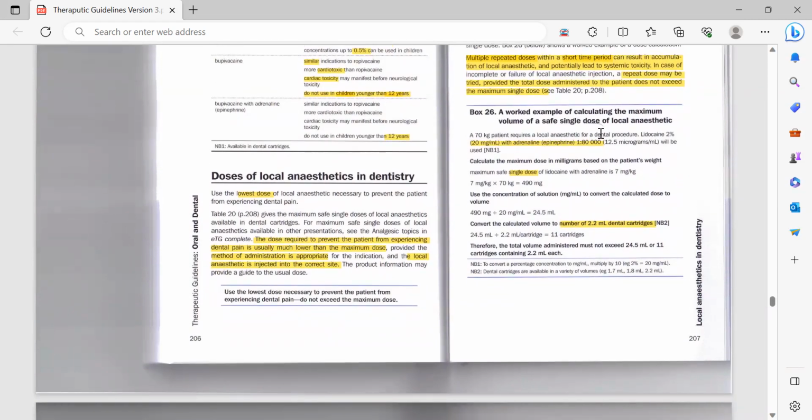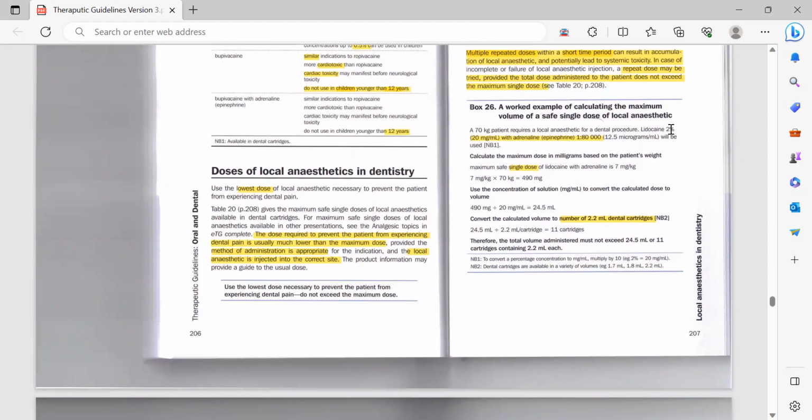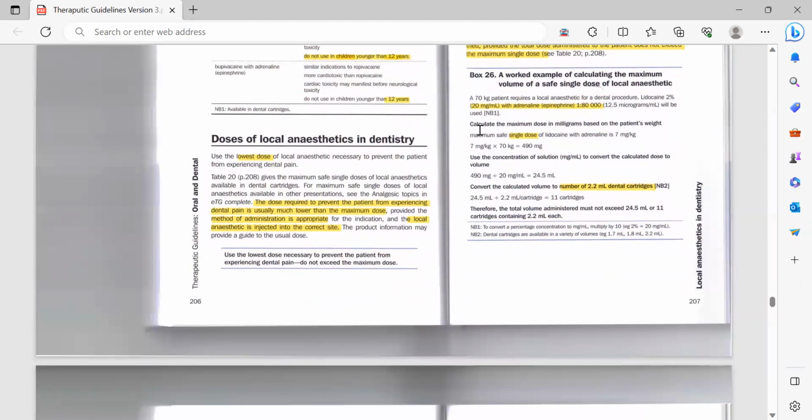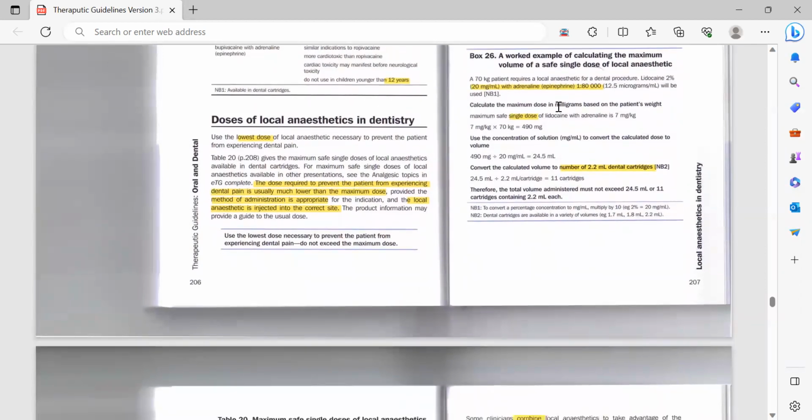So what would be the maximum single dose for a patient? If the patient is 70 kg, lidocaine 2% means 20 milligram per ml with adrenaline. Adrenaline is 1 in 80,000, present in the cartridge in this ratio. So calculate the maximum single dose.